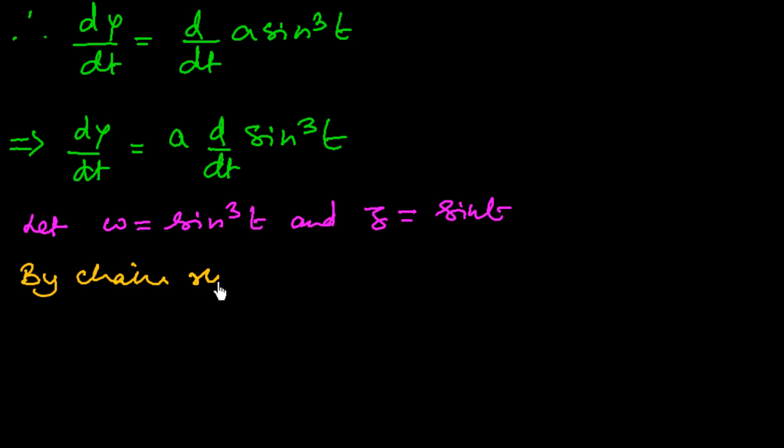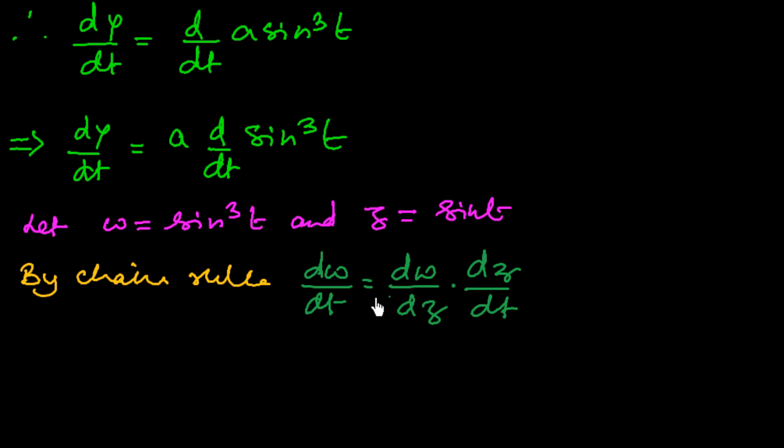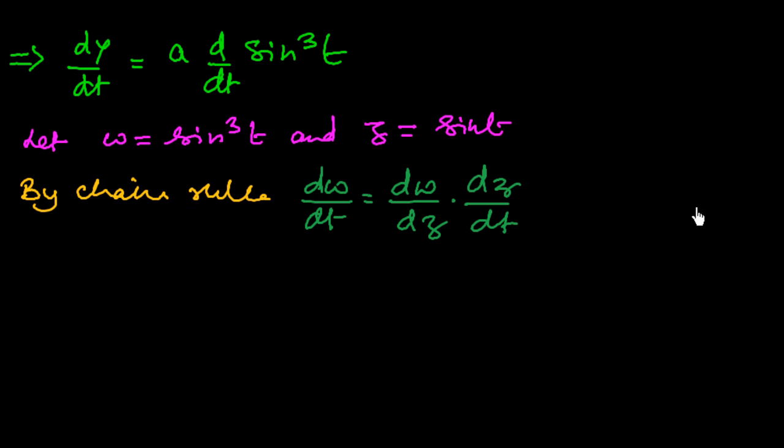By chain rule, dw over dt is dw over dz into dz over dt.